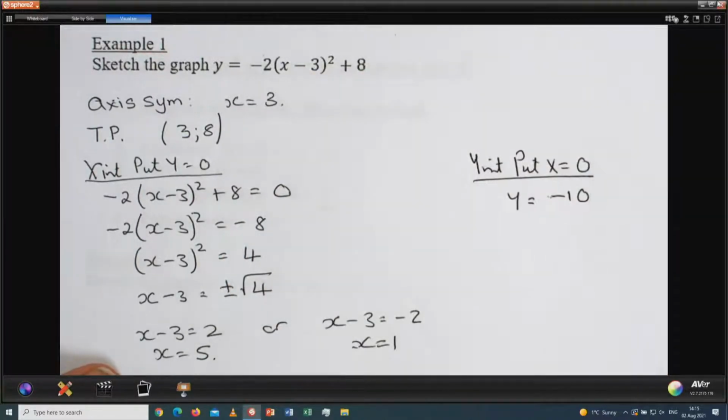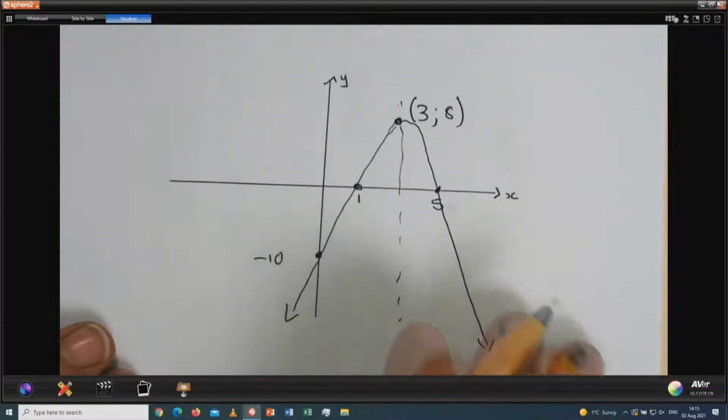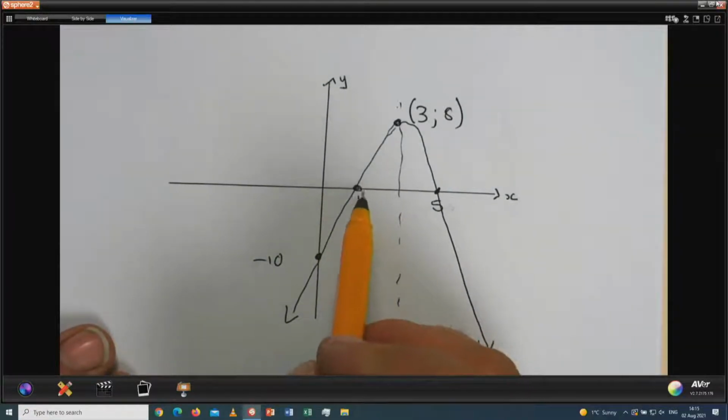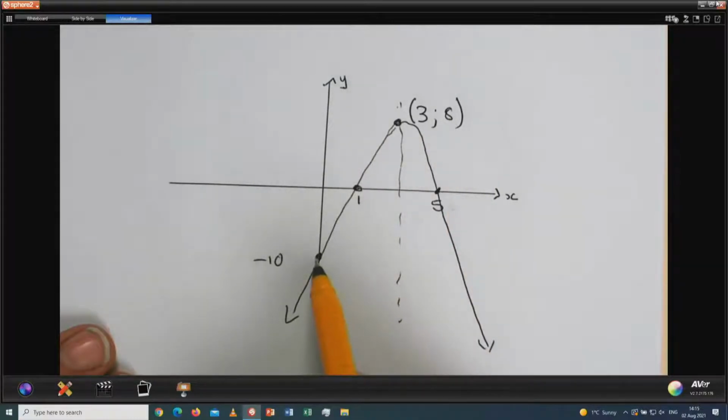So your y-intercept here is negative 10. And then if I join the points, this will be your parabola. Remember your x-intercepts are 1 and 5, your turning point is 3, 8, your y-intercept is negative 10, and that would be the shape of the parabola.